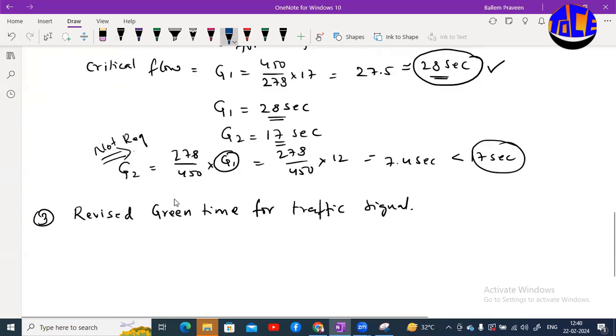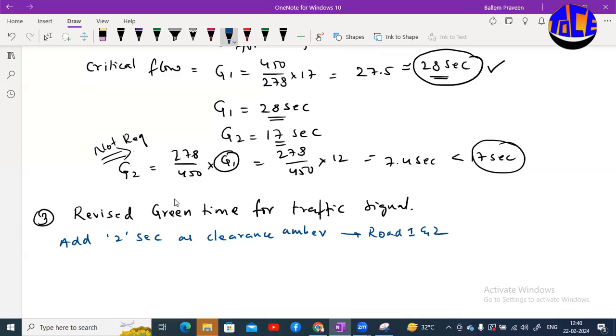For this we are going to add 2 seconds as clearance amber. You can add 2 to 3 seconds, so I'm adding 2 seconds here. This is for both road 1 and road 2. Okay, and add 2 seconds as intergreen period. This is also for road 1 and road 2.